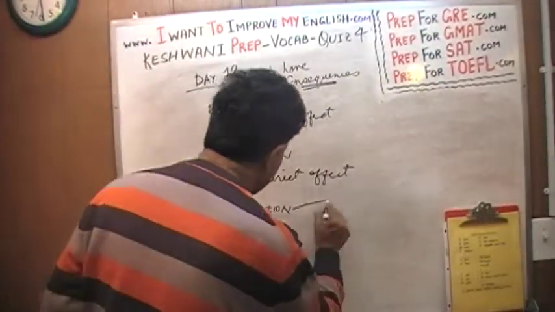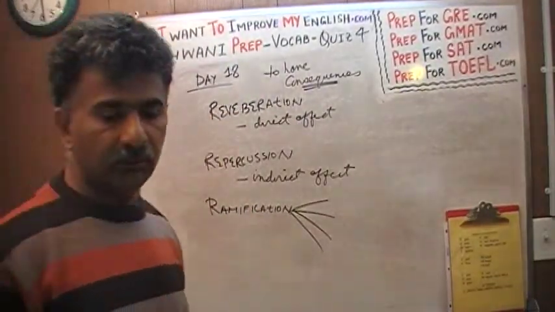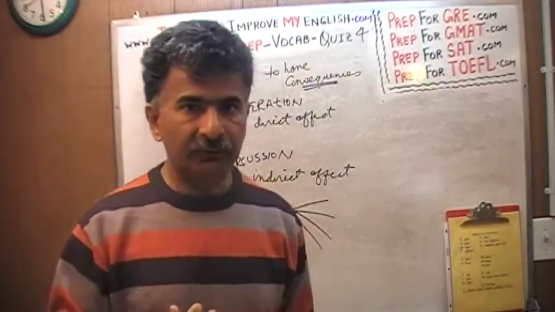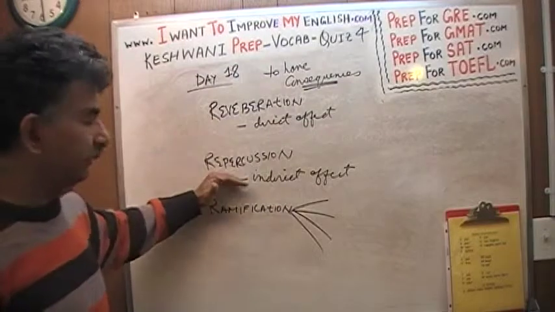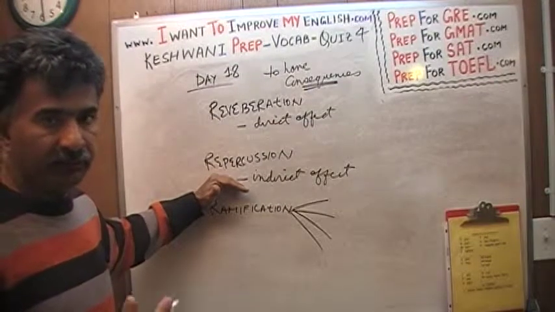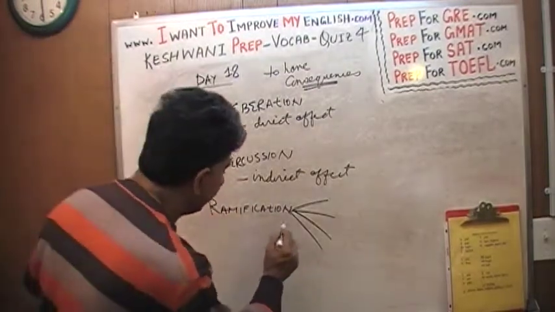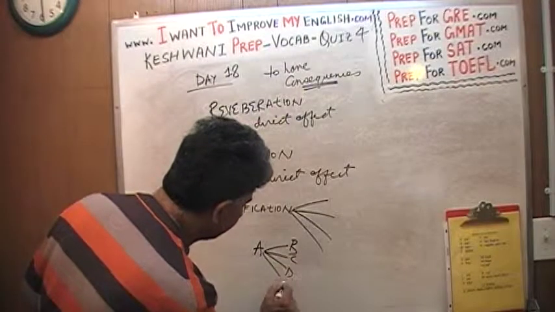What does ramification mean? Ramification means there are many branches to it. It forks out. It means to divide, to branch out. So here, as a result of one event, if A happens, then, see here it's different. Here what we're saying is that if A happens, B will happen, and if B happens, then it will cause C to happen. Here what we're saying is that if event A happens, it will cause B, C, and D to happen.